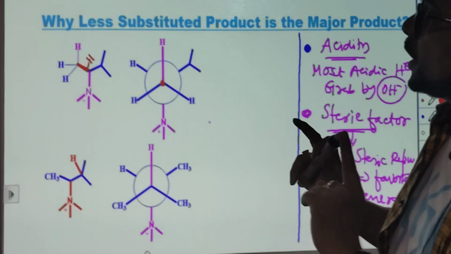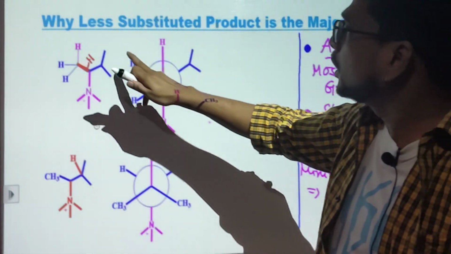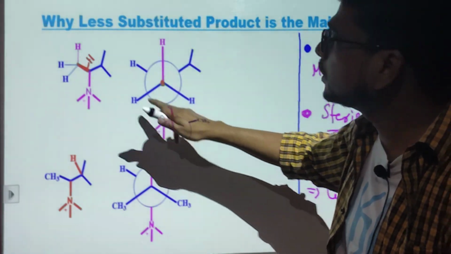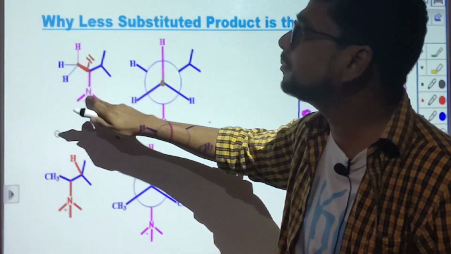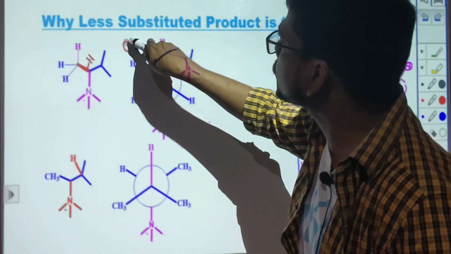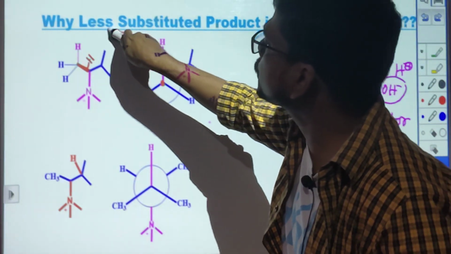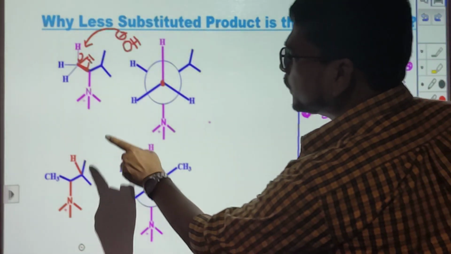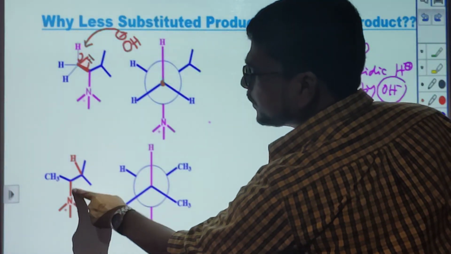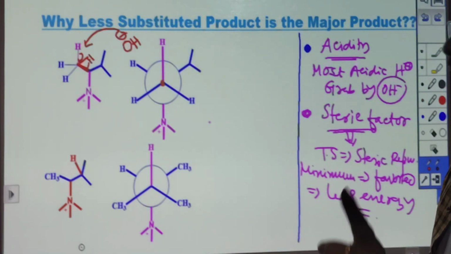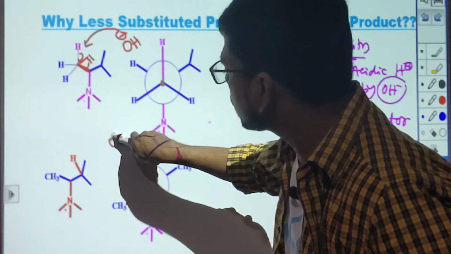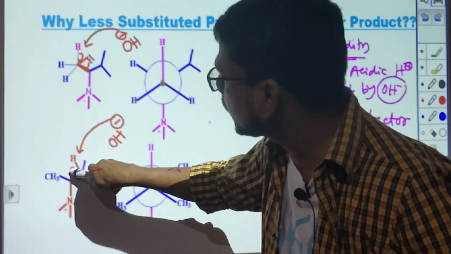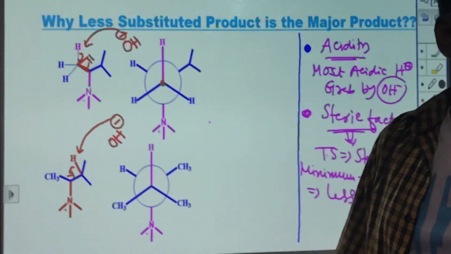In this case, this H and this NMe3 will leave because they are in anti positions. One more possibility: this H and this NMe3 will leave. So OH minus can grab a proton from here and form the double bond from here.